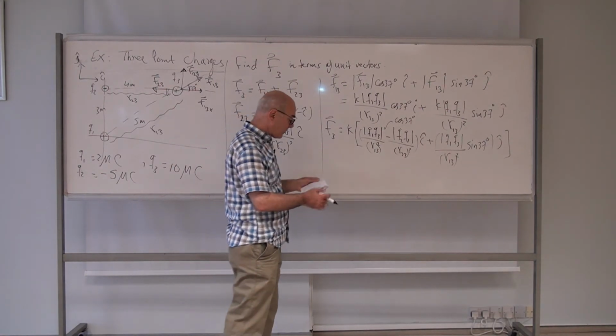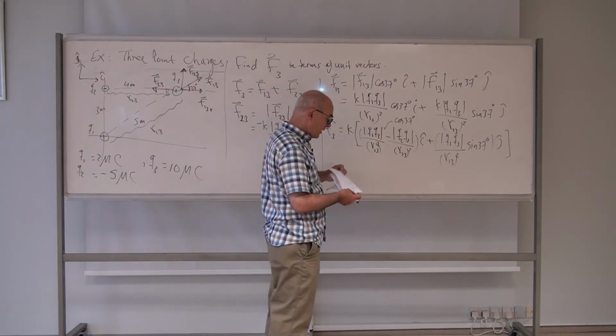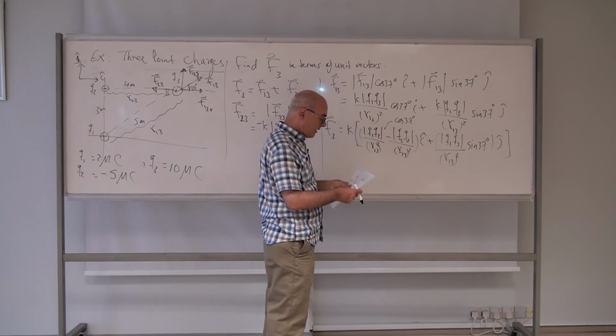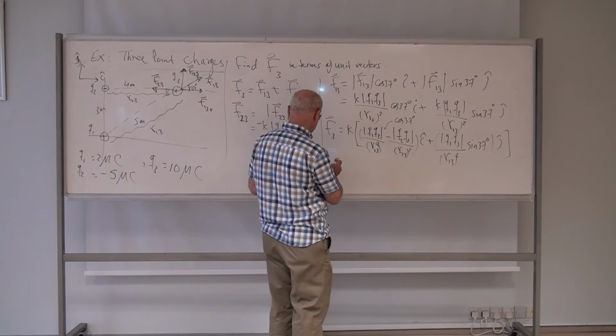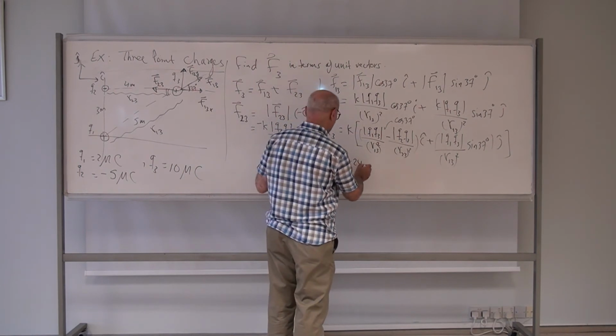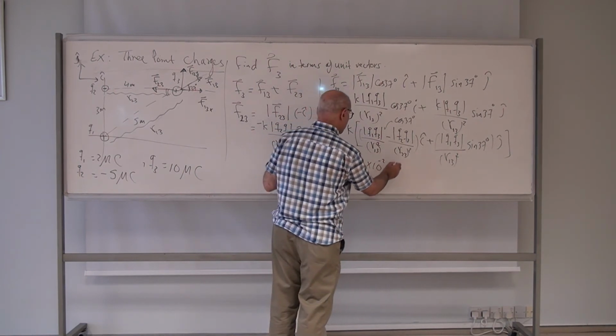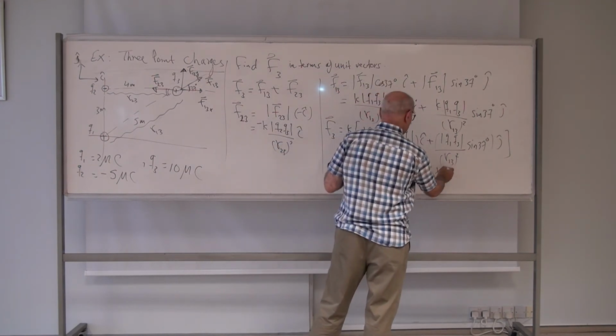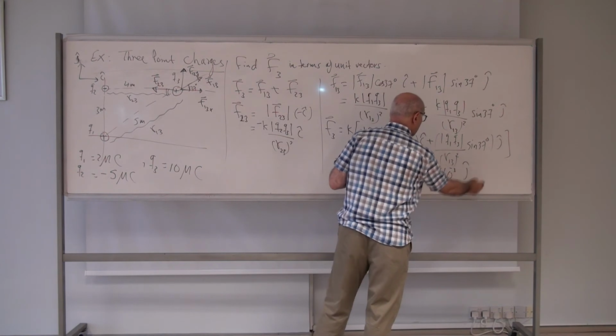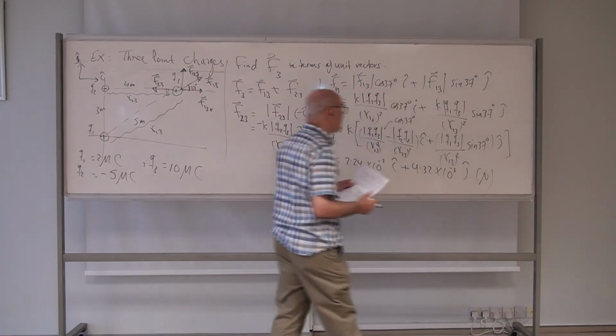So if you do the calculations, according to my calculation, what I have got is the following. This is equal to 2.24 times 10 to the power minus 2 i hat plus 4.32 times 10 to the power minus 3 j hat, of course, in newtons.